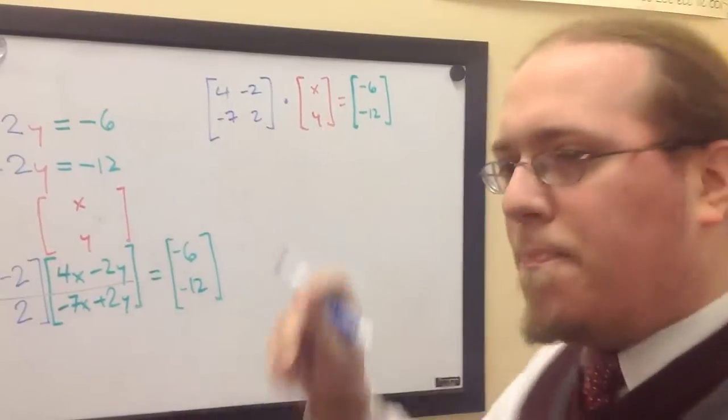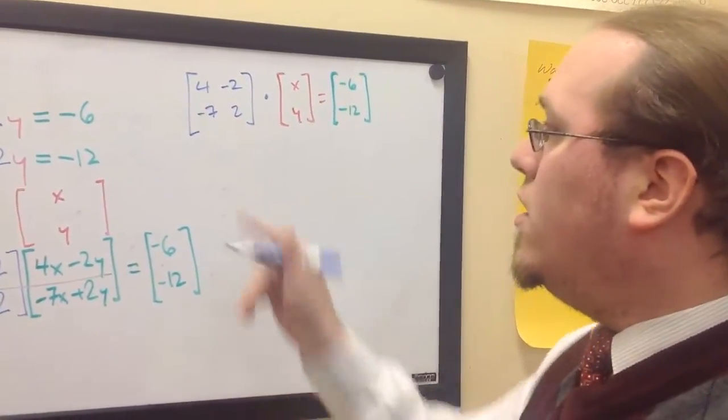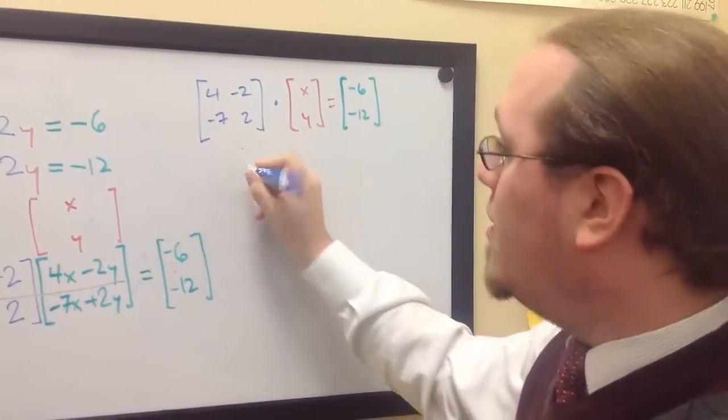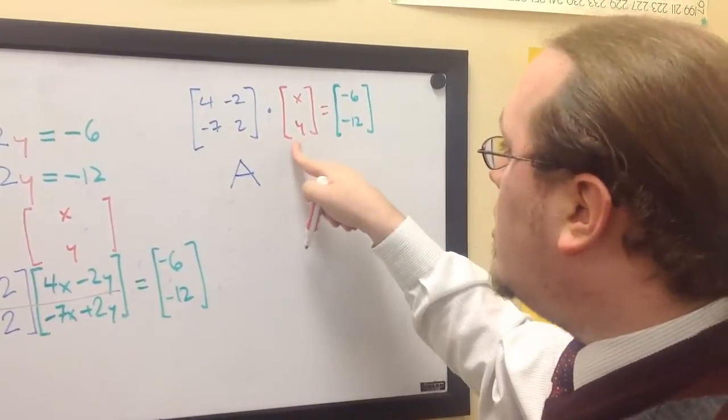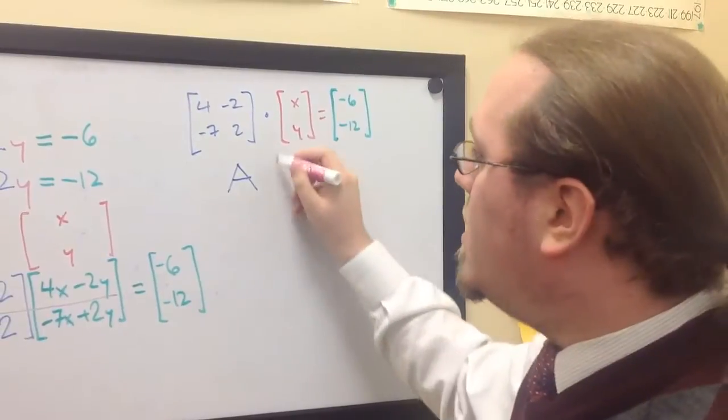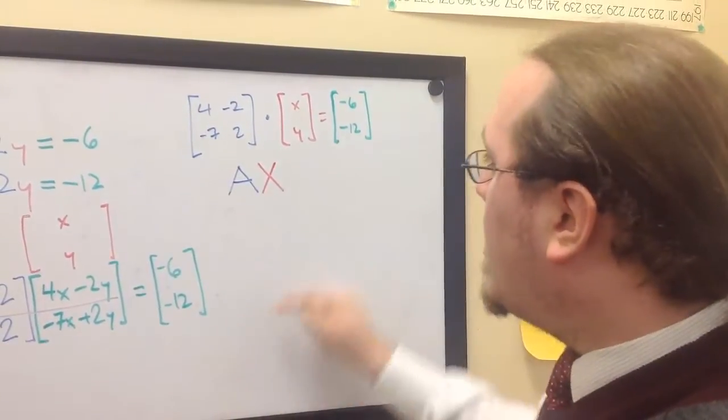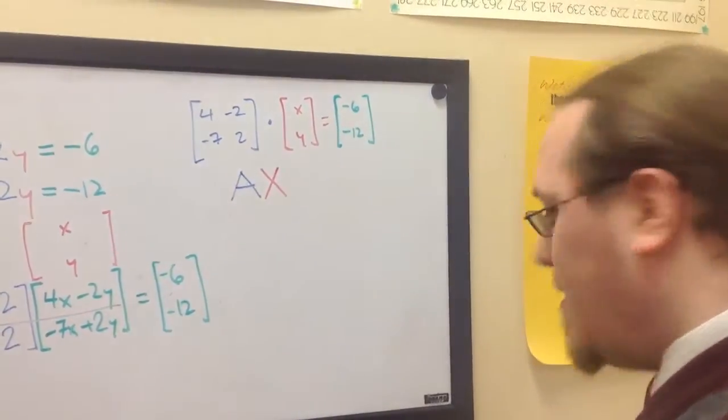Alright, so let me make that a dot so it doesn't look like another x. Let's say this matrix we could call A. And this matrix we could call X, since that's got our variables, and we'll call it capital X, since our variables are little x and little y.